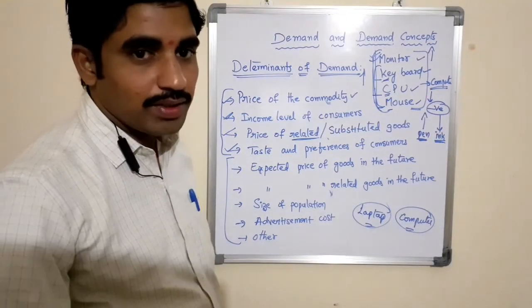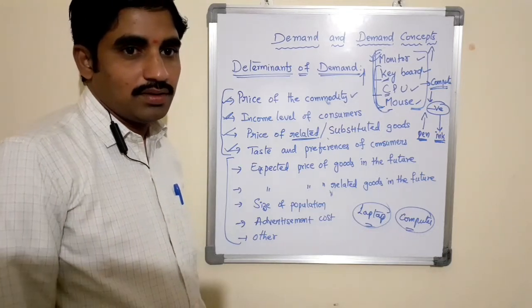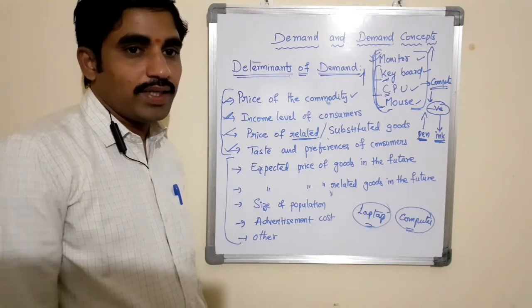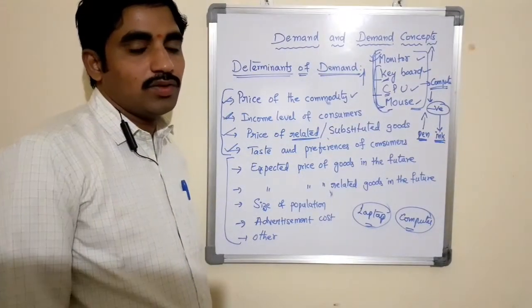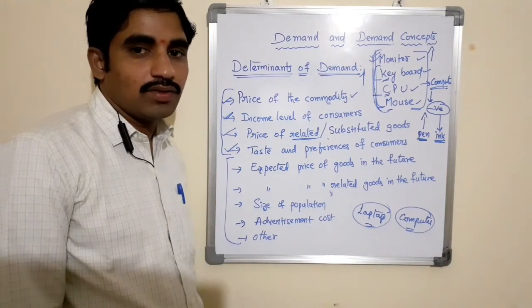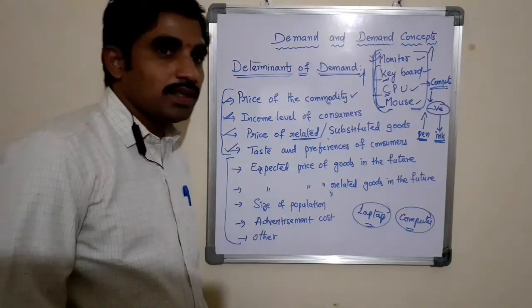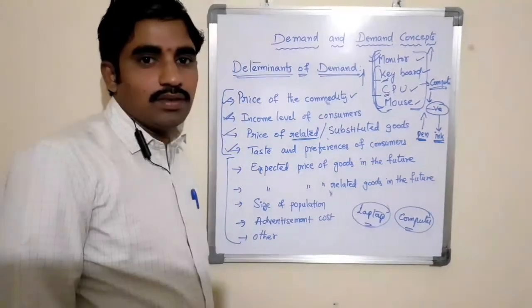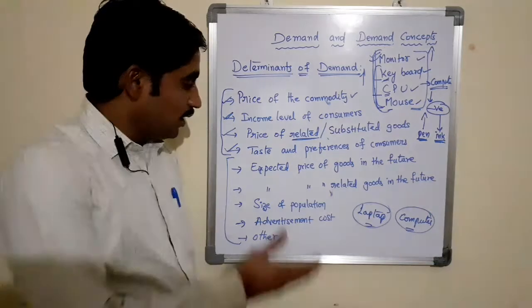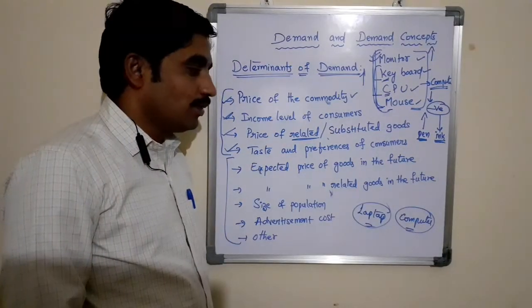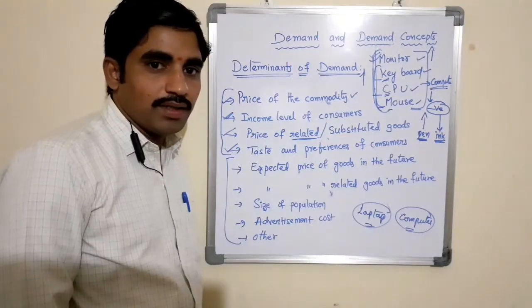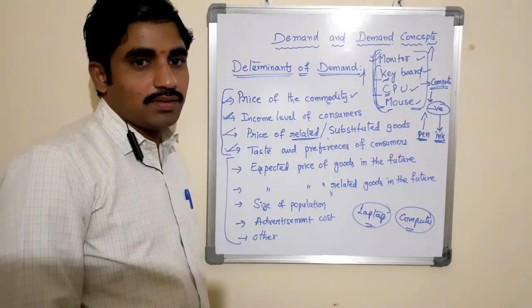If you are habituated to purchase the product, if you like the taste very much, then you can purchase. If you do not like to purchase, then automatically there is no demand for a commodity. So taste and preferences of consumers is one of the most important determinants of demand. I like sweets very much.